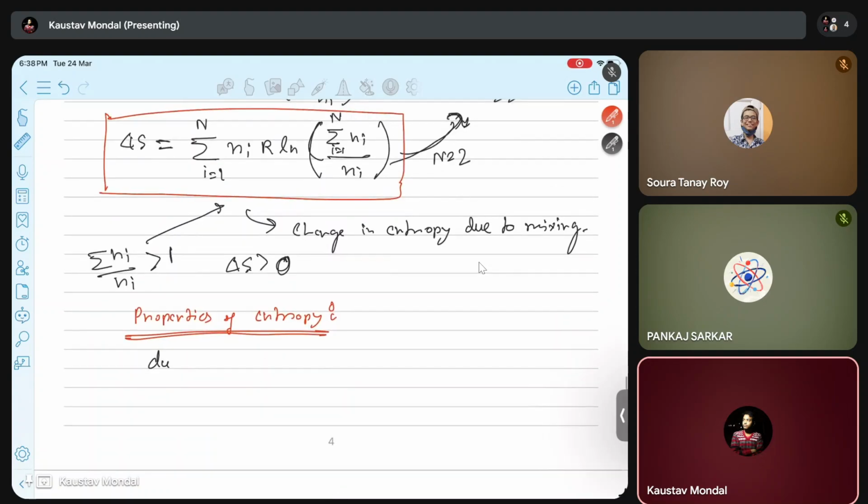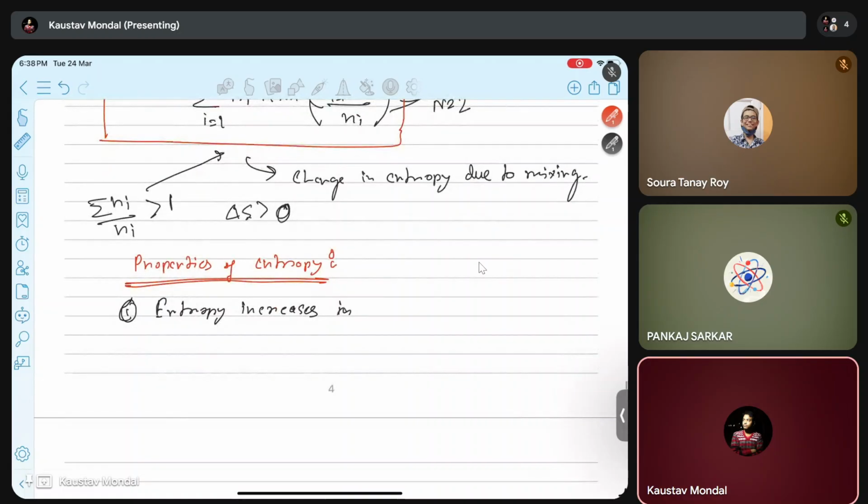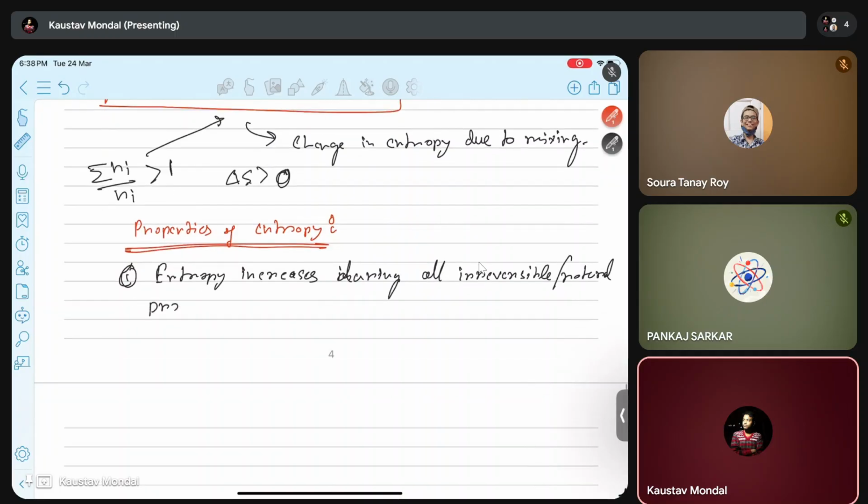So you can write it like this. Property 1: entropy increases during irreversible or natural processes.